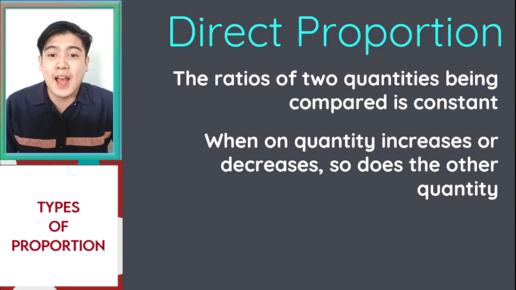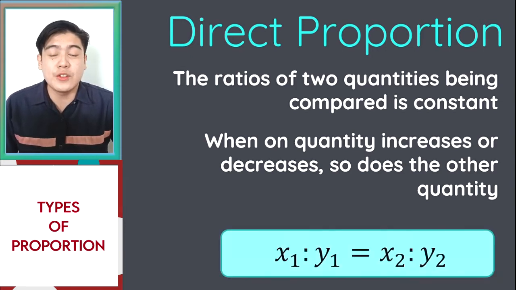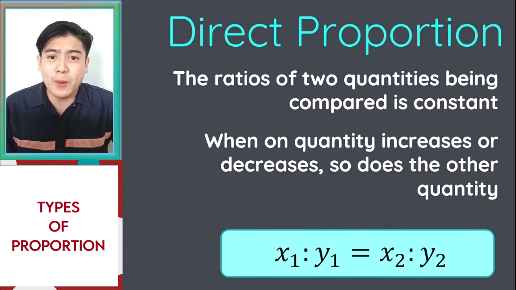So, paano nga ba nilalagay as ratio yung direct proportion? So, ito yung ratio ng direct proportion. X sub 1 is to Y sub 1 is equal to X sub 2 is to Y sub 2. Pero, paano natin siya isosolve? So, dito, kung makikita nyo, we have to find the product of the extremes and equate it to the product of the means. Ano yung extremes at ano yung means?